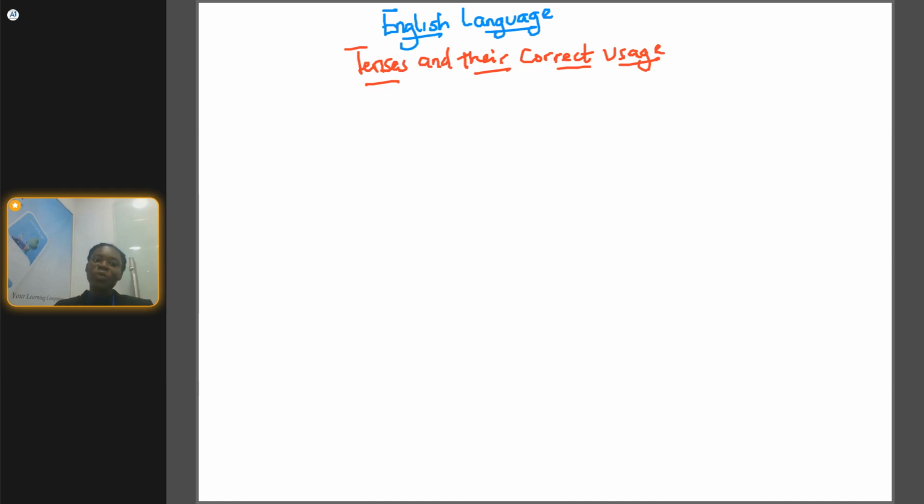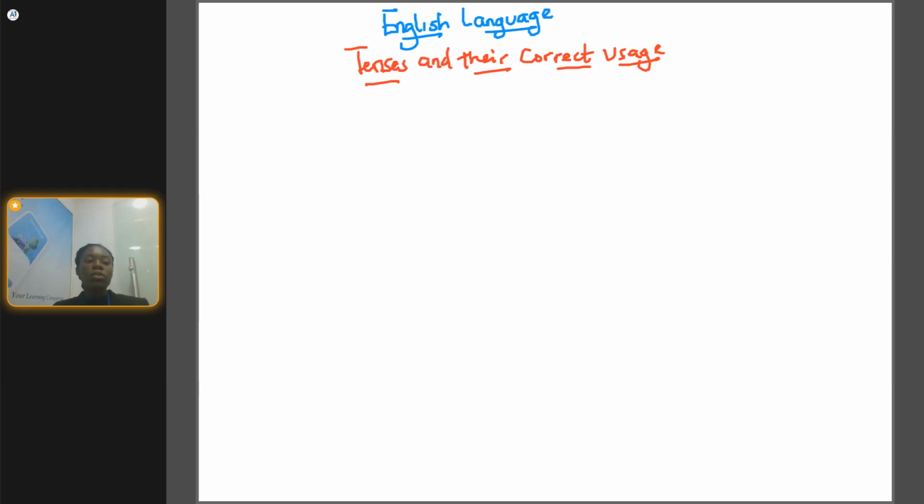We started on subject verb agreement, and I started by reminding us what agreement means. Agreement means things matching or going together correctly. So when you have two or more things that go together or match, you say they agree.